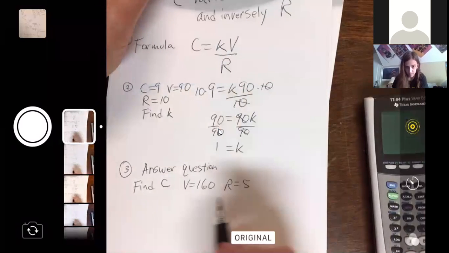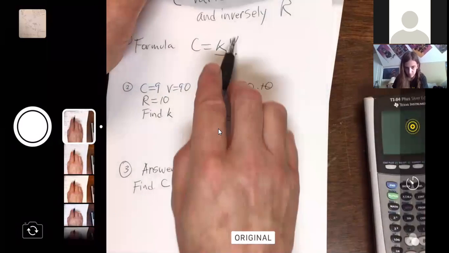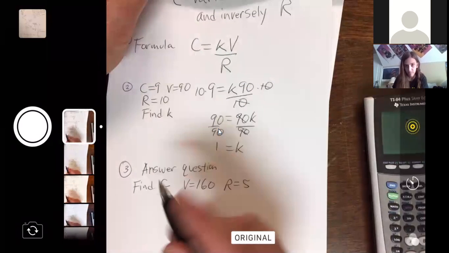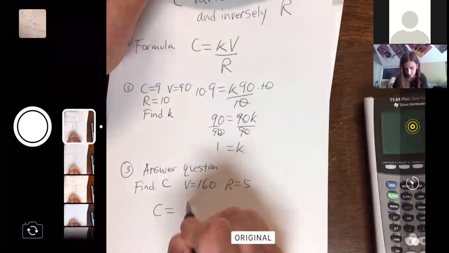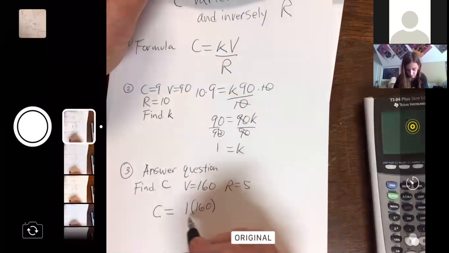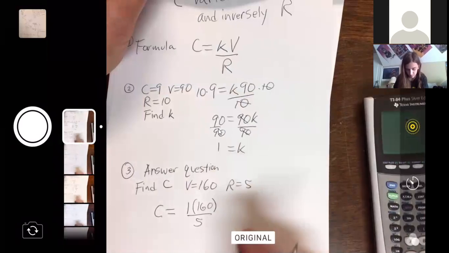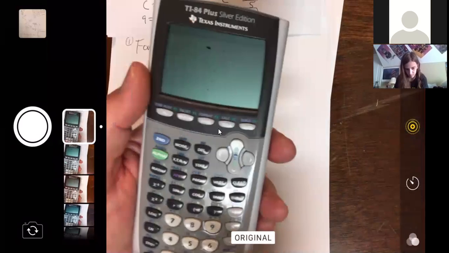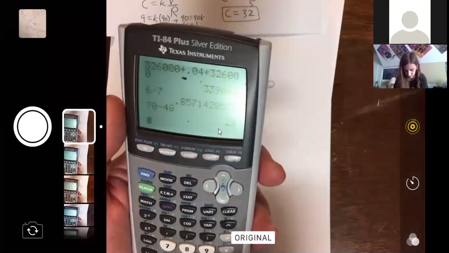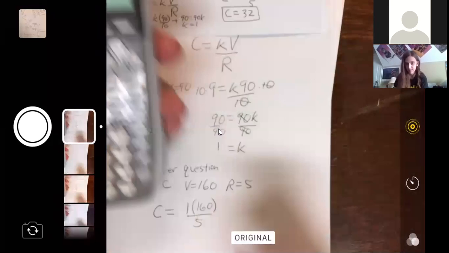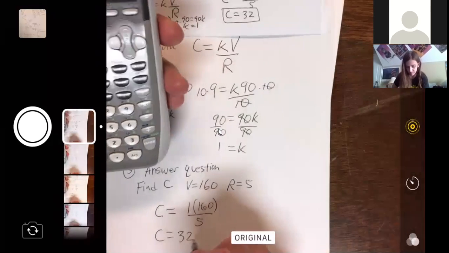So plug in, it's just plug and chug, but it's really going to be arithmetic because what they want me to find is out here by itself already. C equals then 1 for the K, 160 for the V, divided by 5. Well, I can punch that out on the calculator, just 160 divided by 5. 32. There you go. 32.